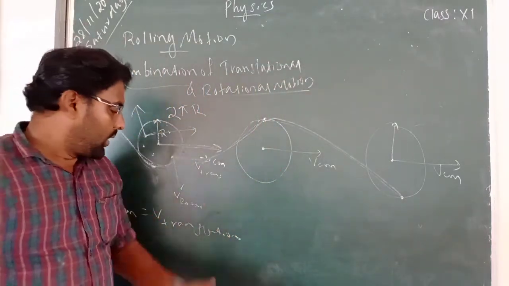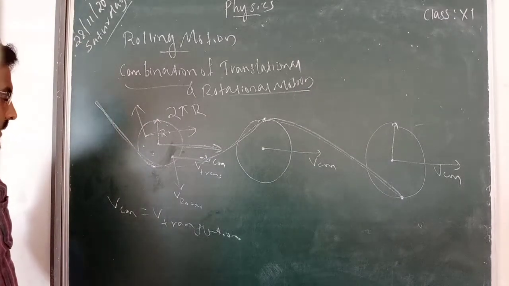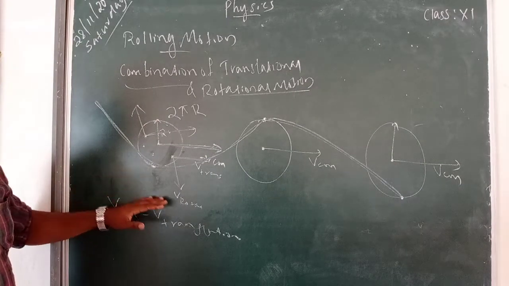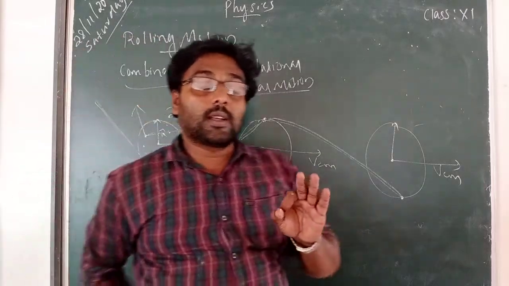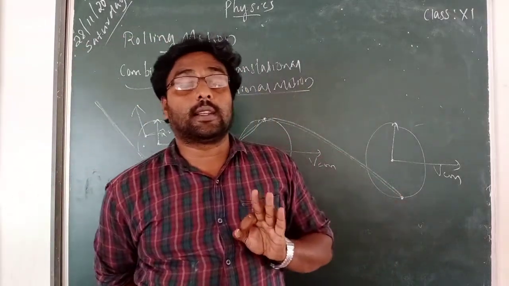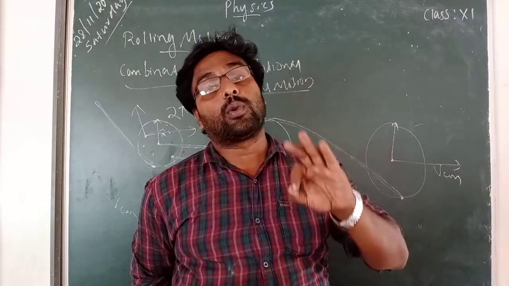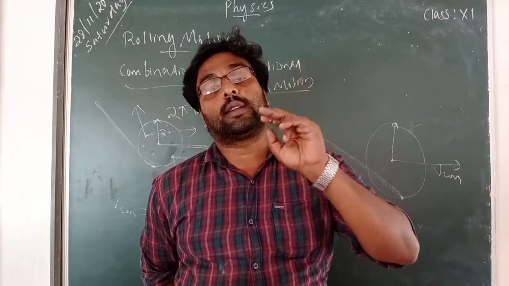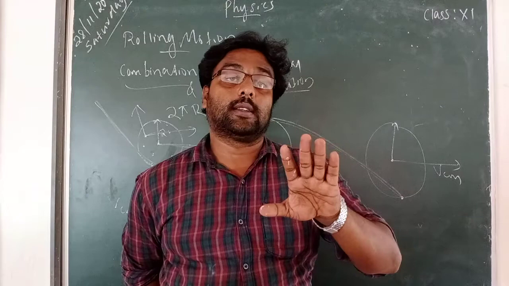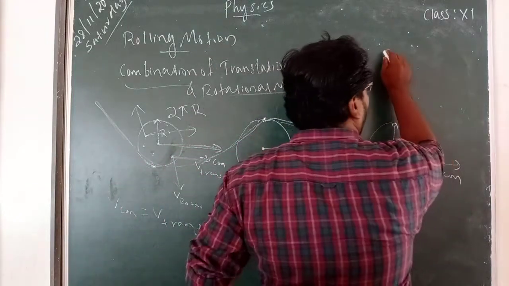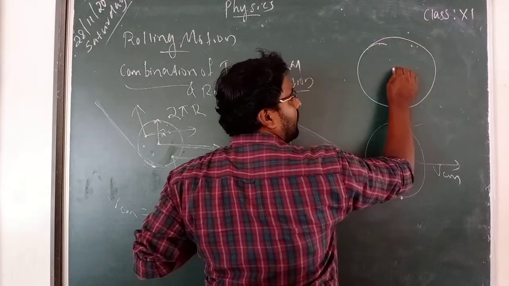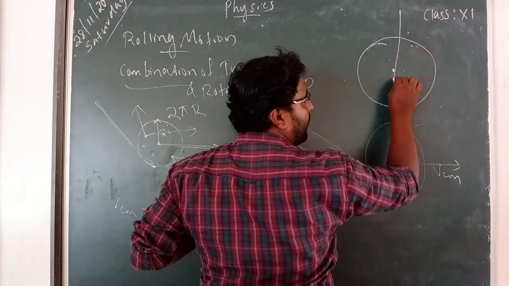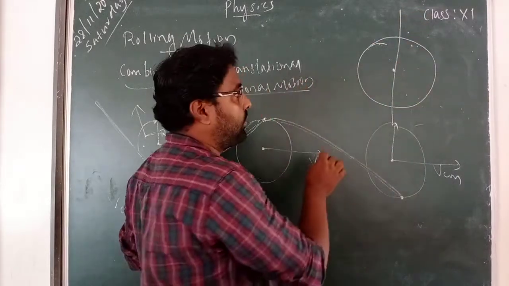Now what you have to see is VCM is equal to V translational. It means the center of mass only moves in a translational path. All the other points move in both translational and rotational paths. Suppose this is the disk, and this is the center of mass.